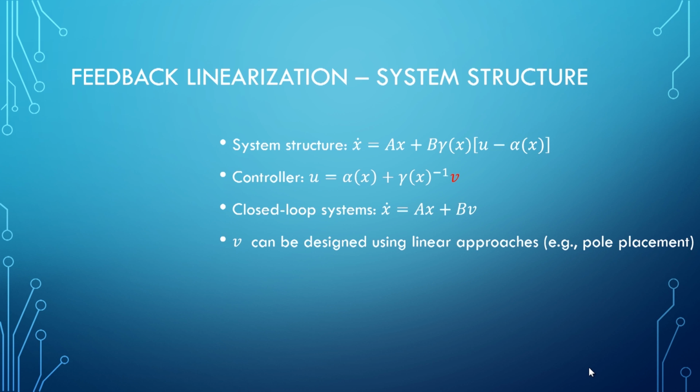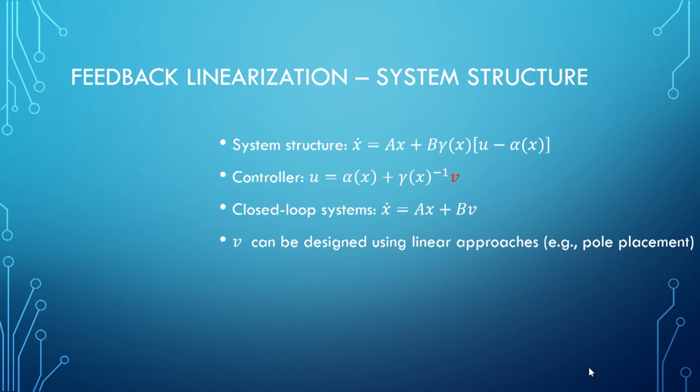Right? So it becomes 1. So the closed loop system will become kind of like a linear system. And since it's kind of like a linear system, you can design this new controller by other linear approaches like pole placement.